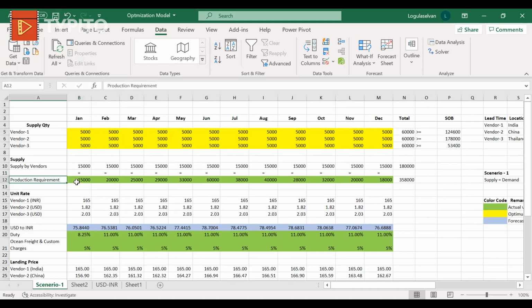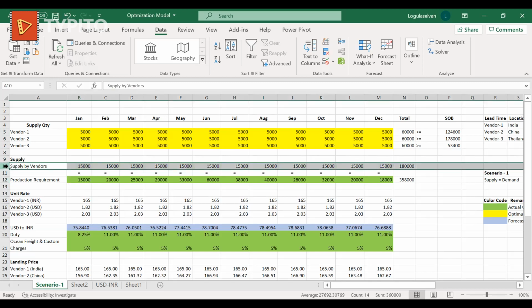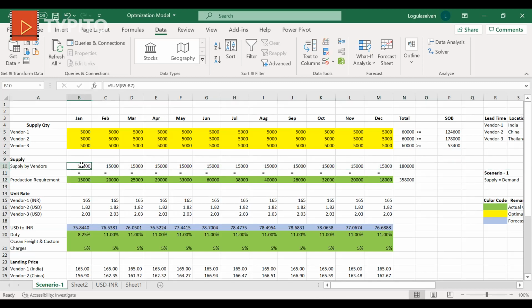Row number 10 is the total supply by the 3 vendors, which is the sum of all 3 vendors' supply in that month. So that formula has been calculated over all 12 months. Then row number 12 is the actual production requirement.